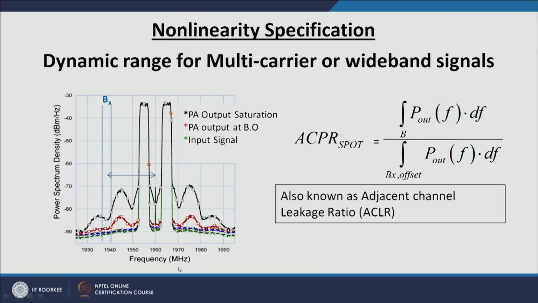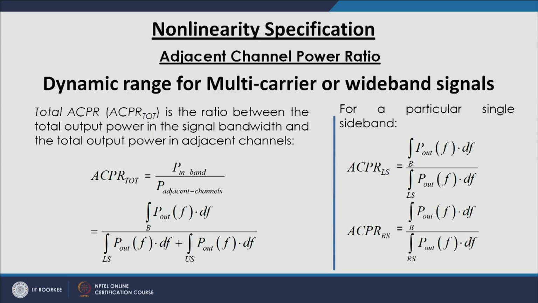In this case the lower side will be below the carrier frequency, and the upper side will be above the carrier frequency, in this direction. So we capture our power at this location as well as at the upper side location, and then we add them together and we show it with respect to our in-band power, the output power at this particular band.